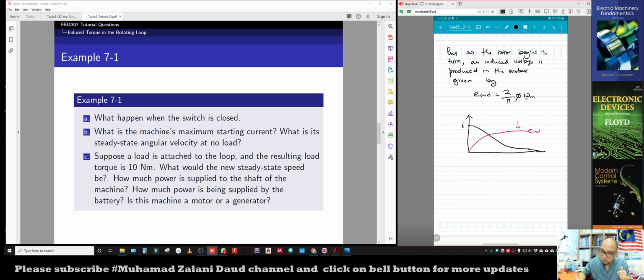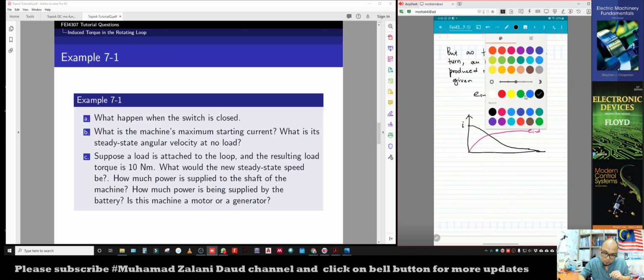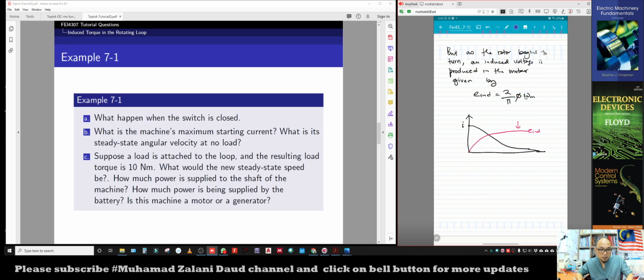At this equilibrium or steady state condition, V_B equals the induced voltage.